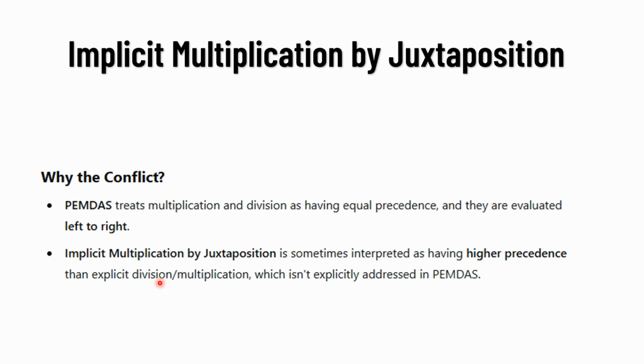And I don't think it's that common on scientific calculators to give precedence to implicit multiplication. If anybody's aware of a current model, a newer model that still does that, feel free to leave that in the comments. I'm aware of some older Casios that did do that, but I don't know of any current models.